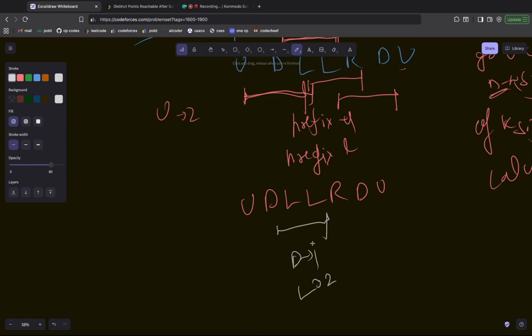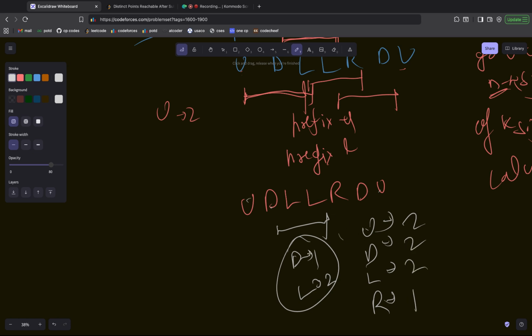Now I remove these two from the total frequency of U D L R. The total frequency of U is 2, D is 2, L is 2, R is 1. When I remove this, U will still have frequency 2, D will have frequency 1, L will have frequency 0, and R has frequency 1.